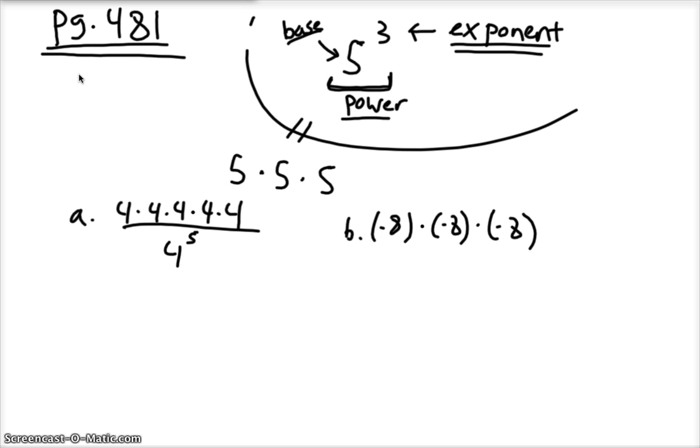We are simply writing it in exponent form. So we are going to write negative 8 in parentheses to the power of 3. We'll get to why it's important that we use these parentheses in a moment. That's when we start solving our problems. Right now, we're just setting them up. So that's the example of when you're given a bunch of numbers, can you turn it into exponent form?